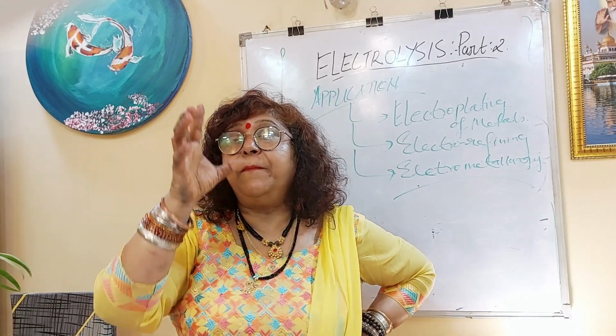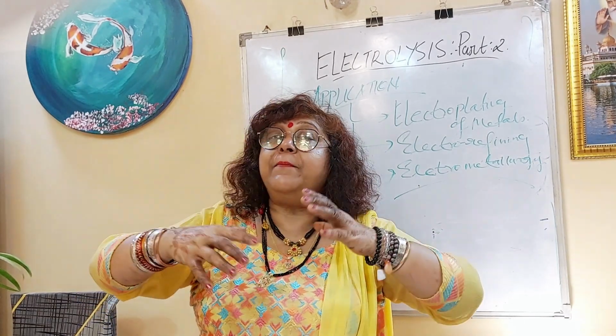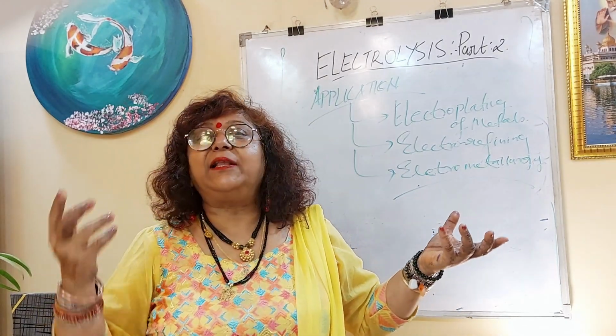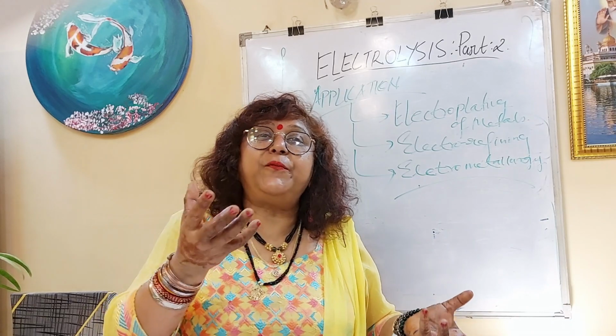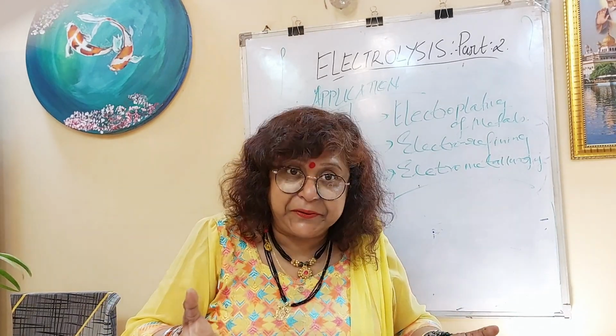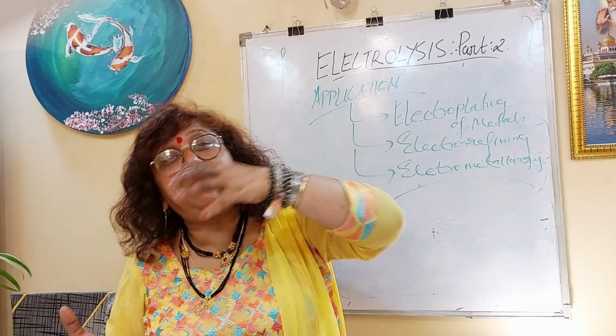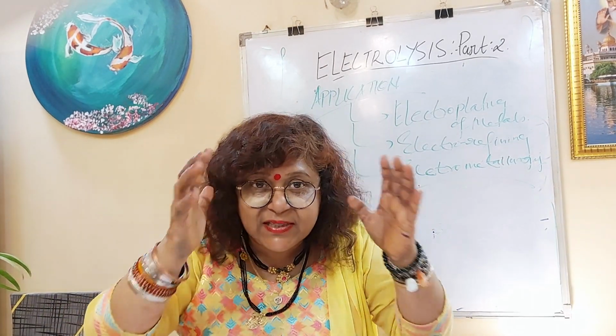So one type of metal has to act as an anode and another will be the cathode. The thing which has to be electroplated will be the cathode, negative terminal, and from which it is electroplated, that will be the anode. That first thing you keep in mind.